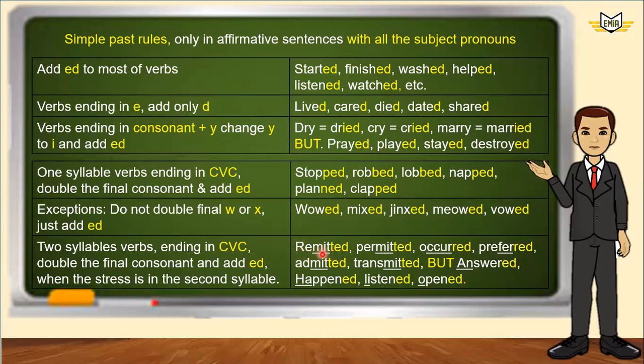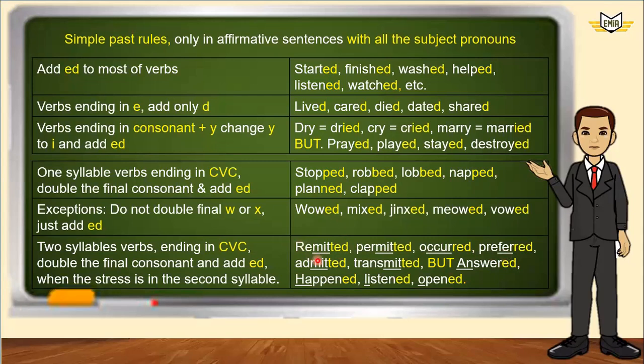The final sound is underlined because here you have a stress. So you don't say remit, you say remit, remit, permit, permit, occur, occur, prefer.